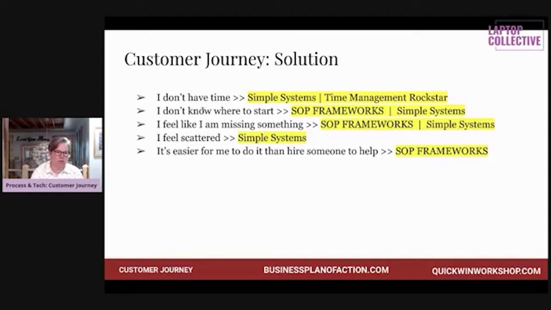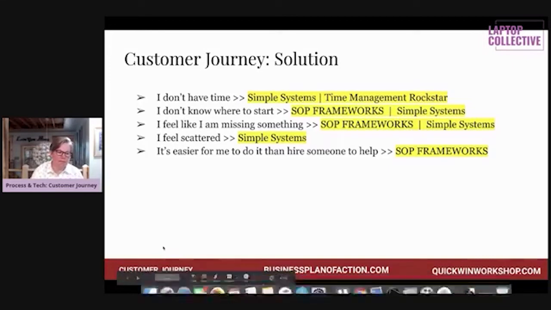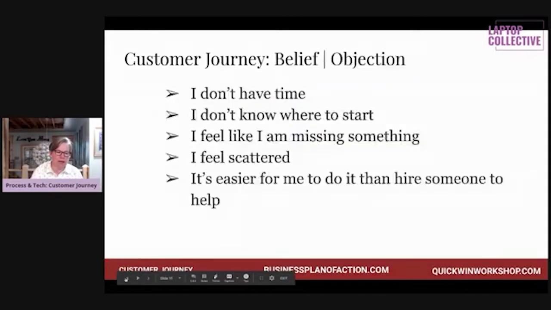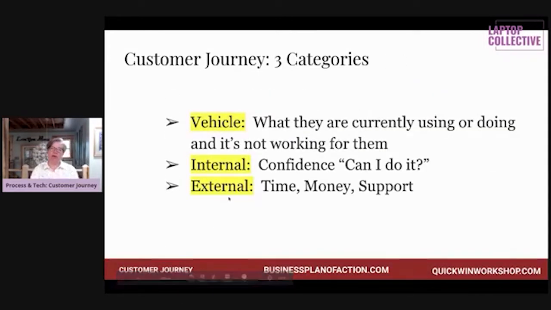Okay. So we've given you an example of the problems and the solutions, and then we just labeled them in the 3 different categories: vehicle, internal, external. Okay. This right here is new. It could potentially be new vocabulary to you.